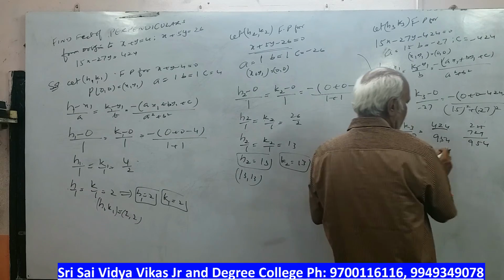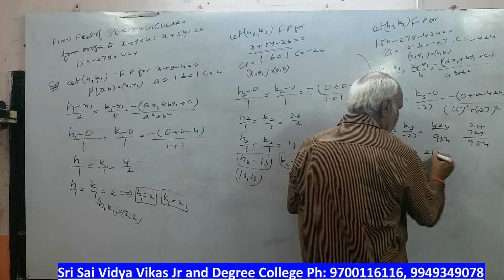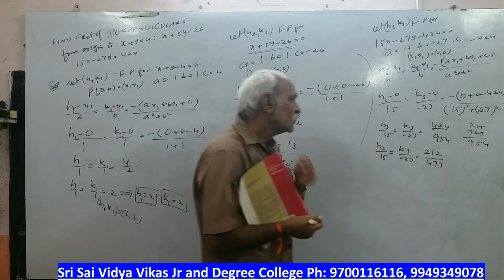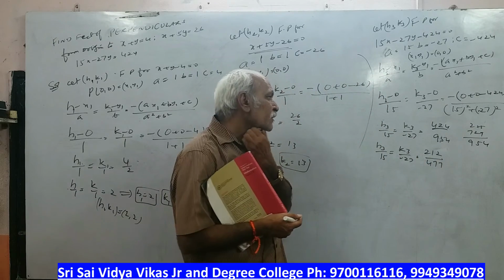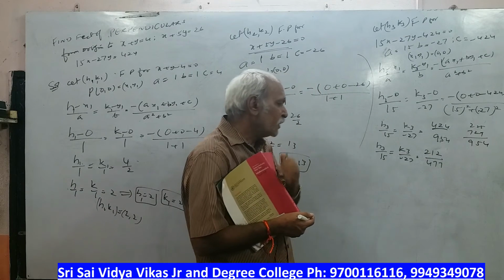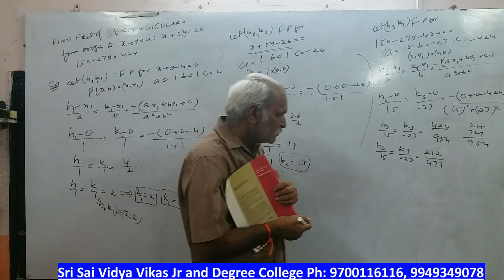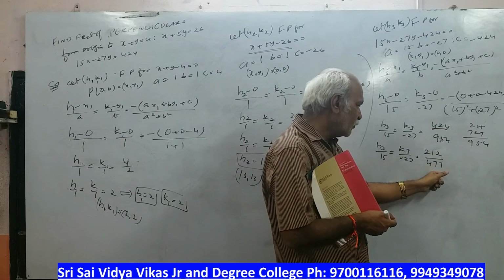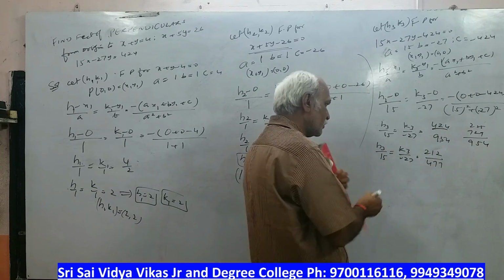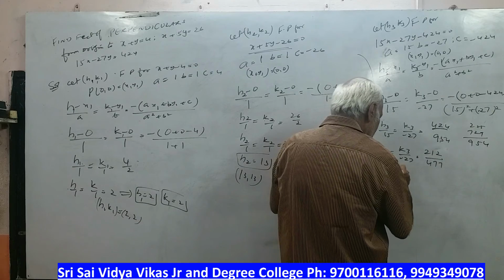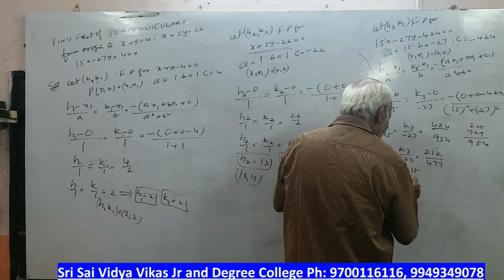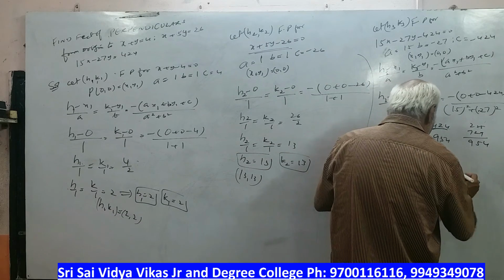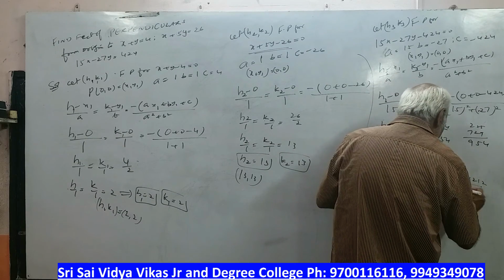Cancel with the two table, 212 by 477. Then which table will go? 212 by 477, now no table will go. So h3 is equal to 212 into 15 by 477. Then k3 is equal to minus 27 into 212 by 477.